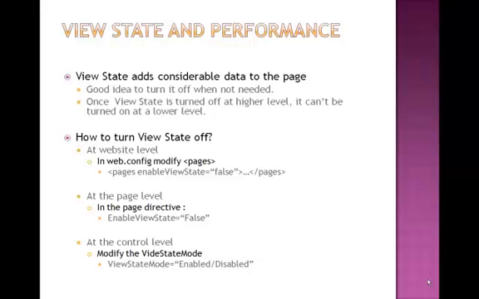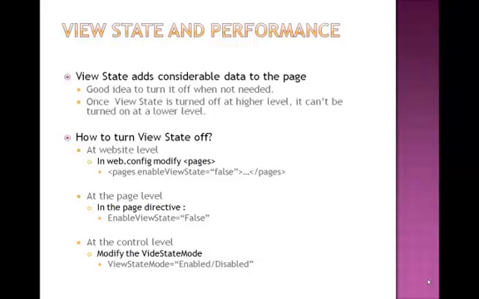Then the third option is to control the view state at the control level. For each ASP.NET server control, we can disable the view state for that particular server control by setting its EnableViewState to false.